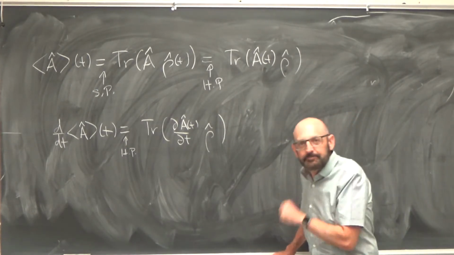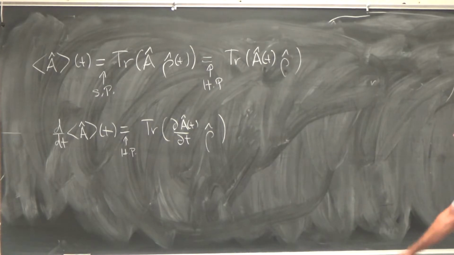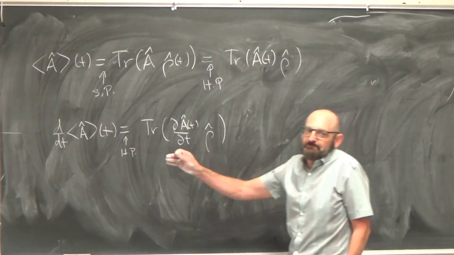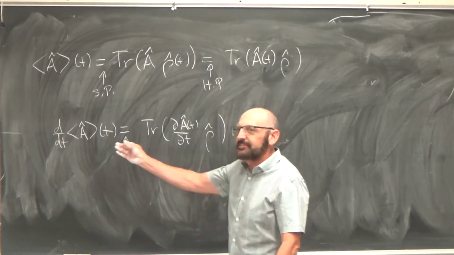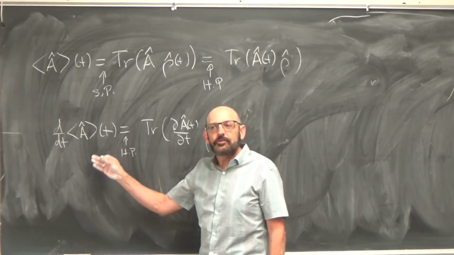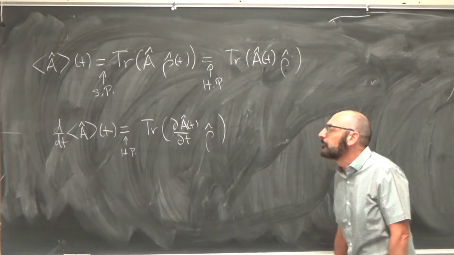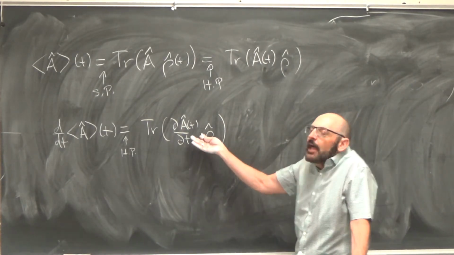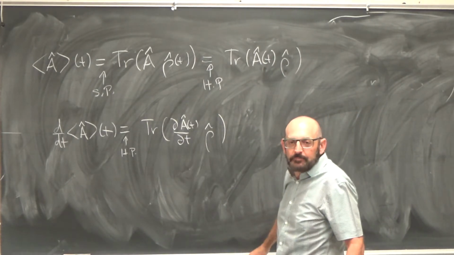All right, good. So with that said, I'm calculating, for the heck of it, this expectation value, and asking what's the differential equation for how it evolves as a function of time. If I do that in the Heisenberg picture, this is what I'm going to do.